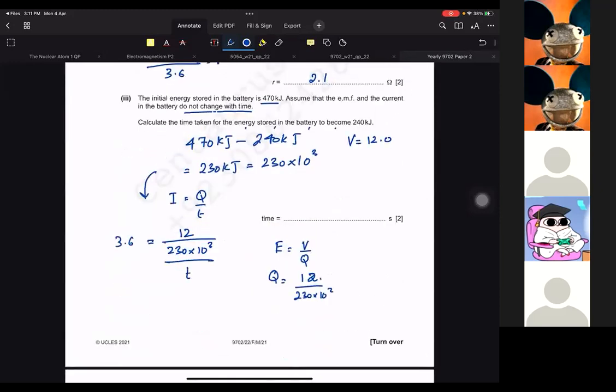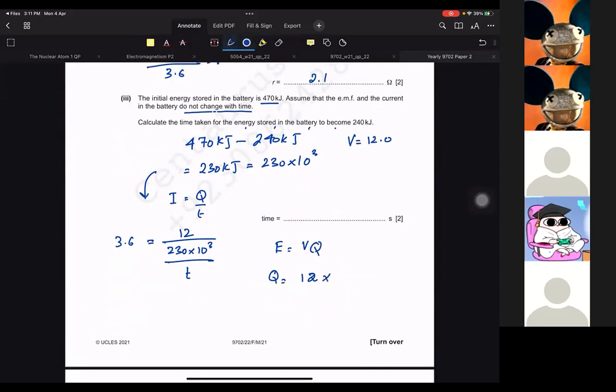And divided by time, so time should be 12 times... Something went wrong here. No, this is correct, charge goes there. It should be Q equals energy over voltage, not this.